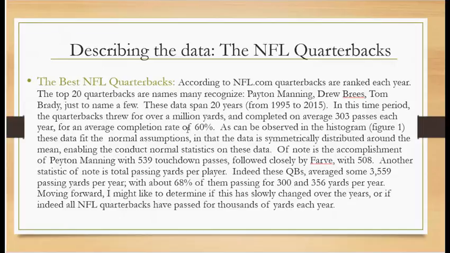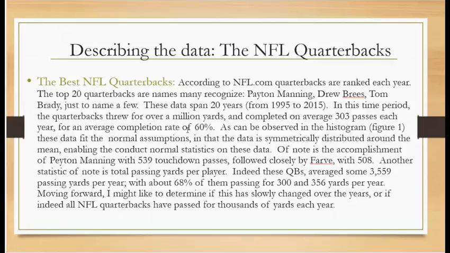Another statistic of note is the total passing yards per player. Indeed, these quarterbacks averaged some 3,559 passing yards per year, with about 68% of them passing for 300 and 356 yards per year. So that was kind of the upper and lower boundary of the yards per year.